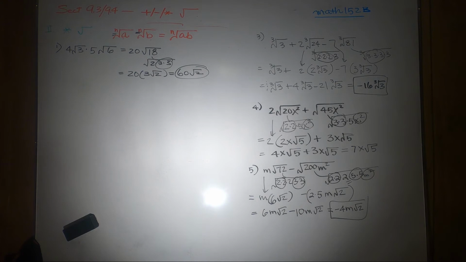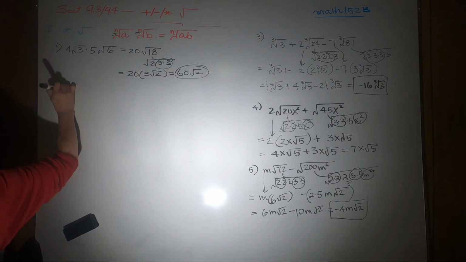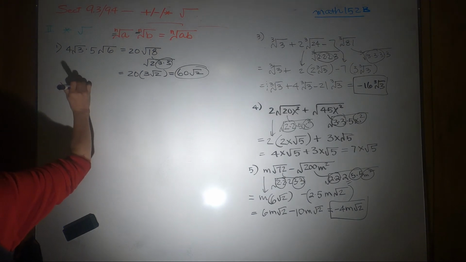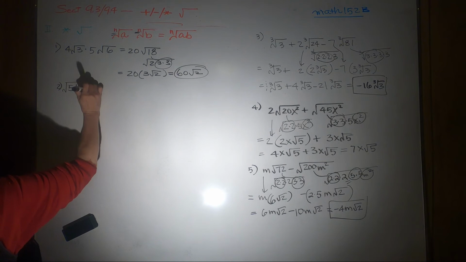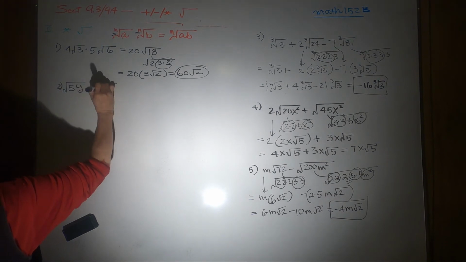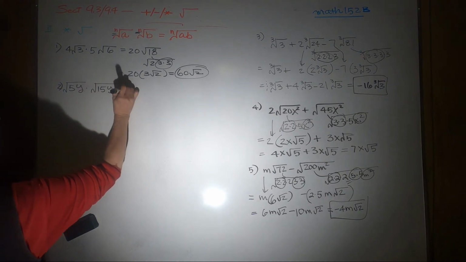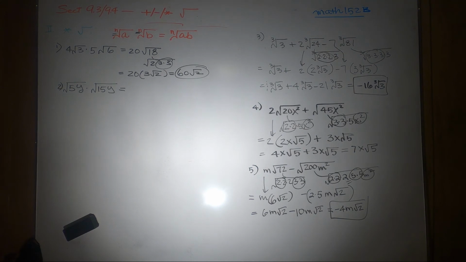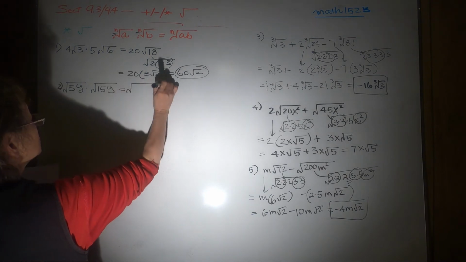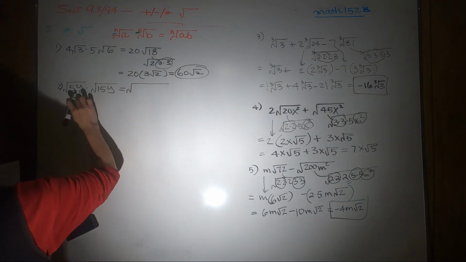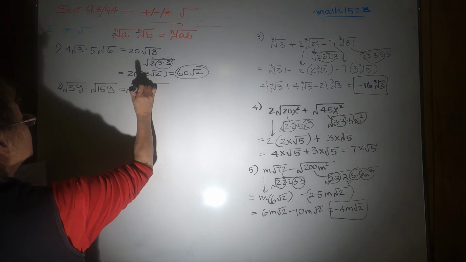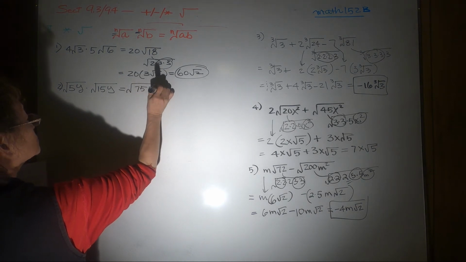If they have the same index, you can combine them or you can split them. So if we have square root of 5y times square root of 15y, should we put them together? Both are square root, right? So you have 5 times 15, which is 75, and y squared.